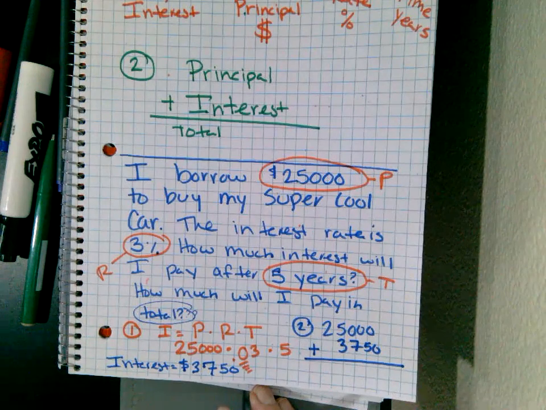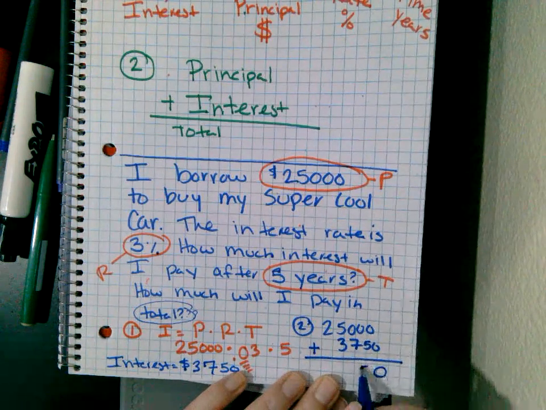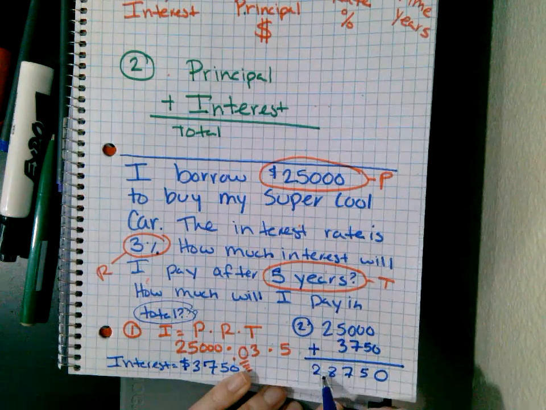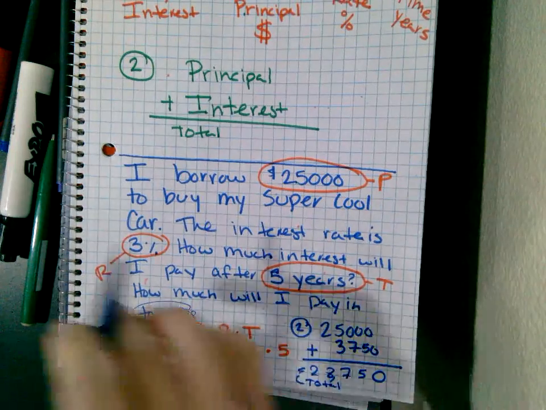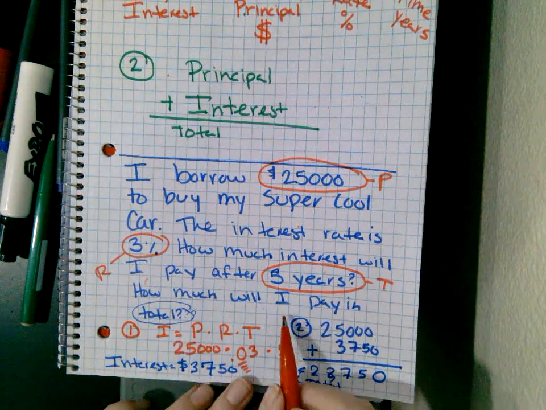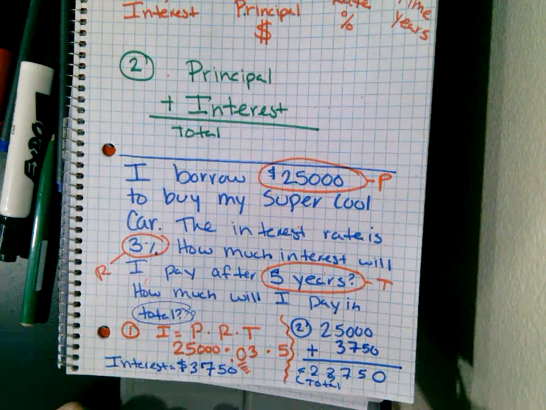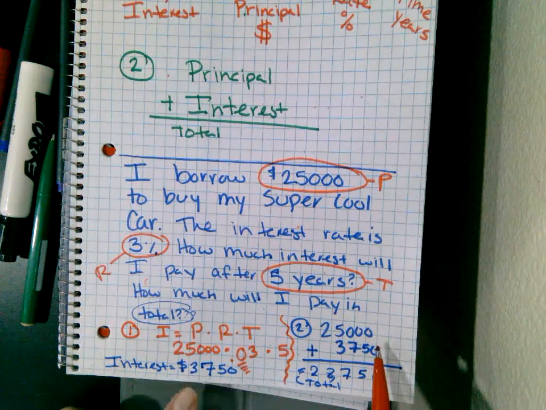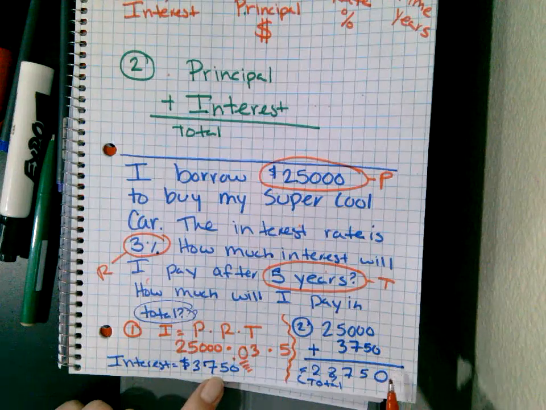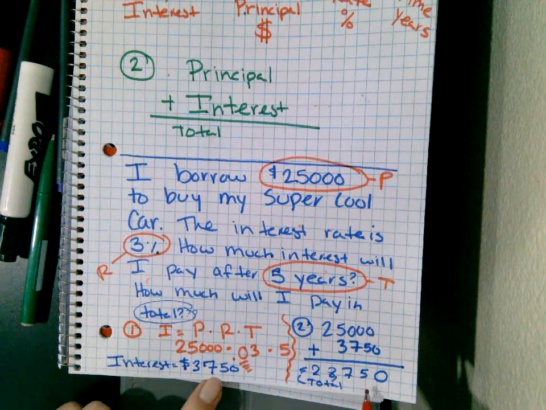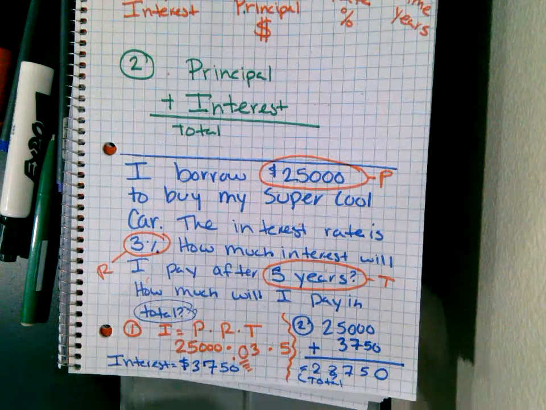I have to pay those $25,000 back, plus interest. So this is my total. So I borrowed $25,000. They're going to charge me $3,750. So at the end, I end up paying $28,750 in total.